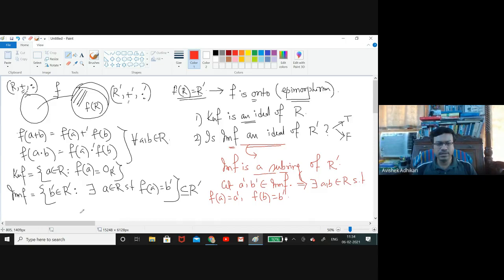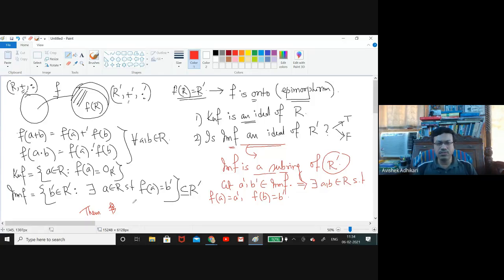Then, what do you need to check? You need to take any element from R dash and multiply from the left to check whether that's a left ideal or not. Okay, no, we want to check whether that is a subring or not. For that we don't need the property of ideals.